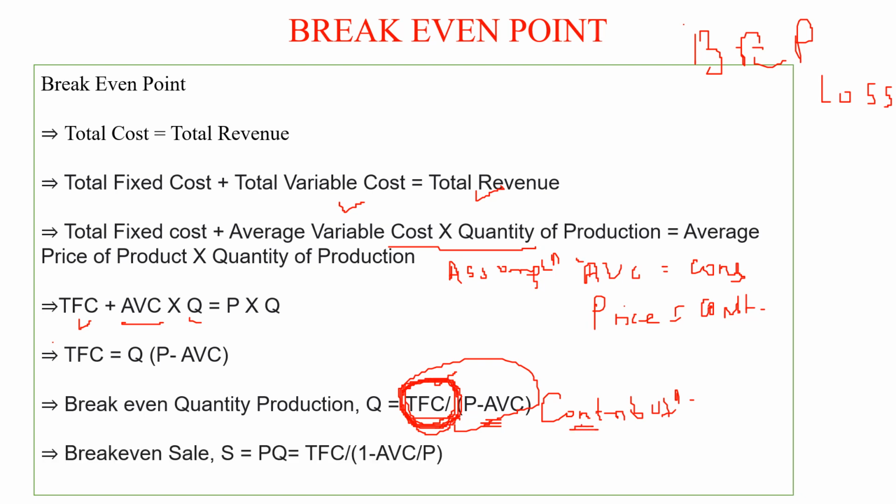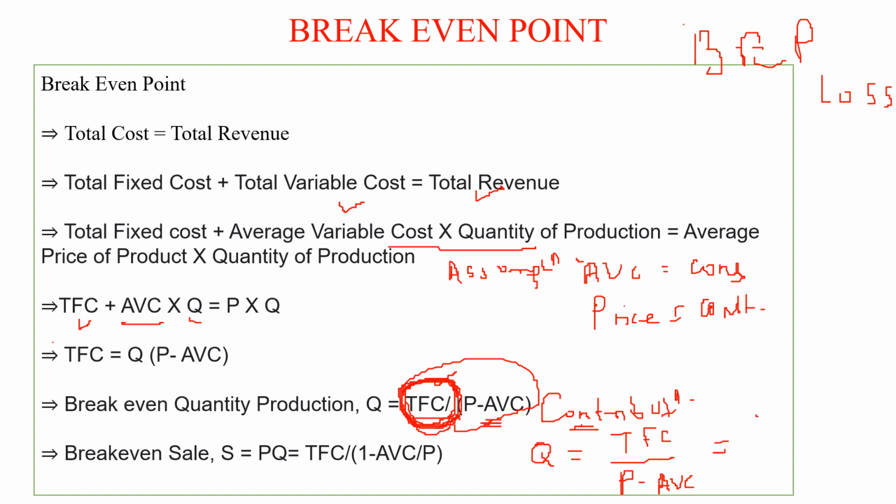Suppose anyone asks what the break-even sales is. Break-even sales equals PQ equals TFC divided by 1 minus average variable cost divided by P. Where does it come from? You all know that in the previous equation, TFC divided by P minus AVC.